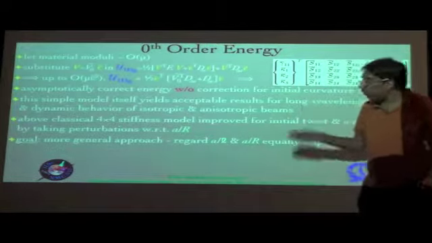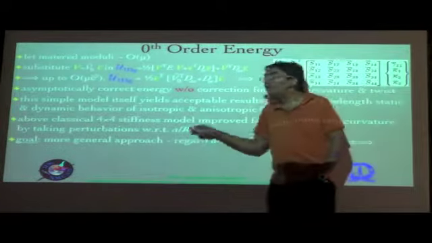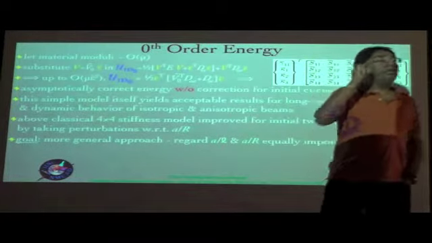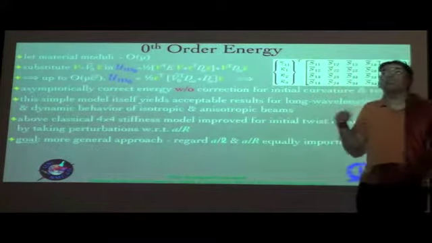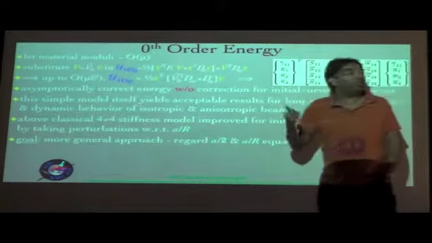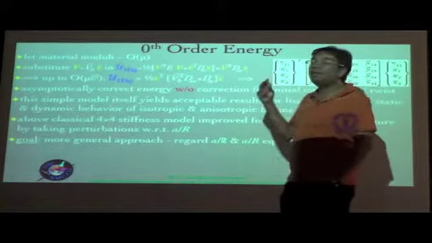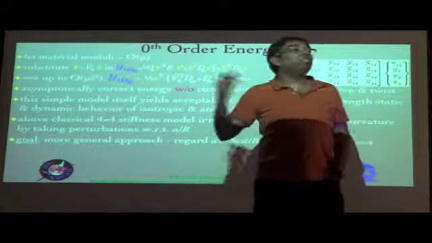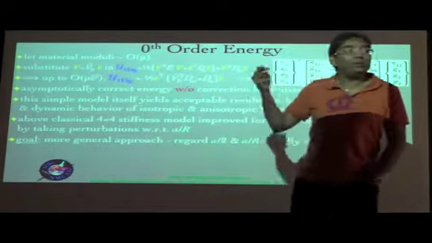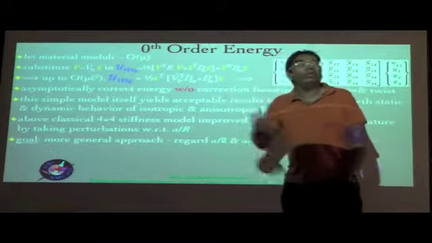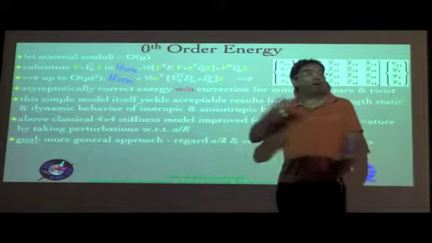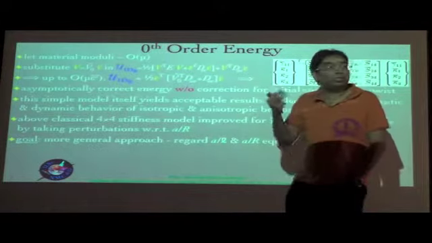The goal is a more general approach. On the other hand, what we will do is not that. We are not seeking only A by R corrections, because our interest is not only in the effect of initial twist and curvature. We also want to capture transverse shear effects, because remember that at the beginning I told you we are developing a generalized Timoshenko model, and in the Timoshenko model the primary contribution is the transverse shear deformation, but of course for an initially curved and twisted beam, the contributions of curvature should be there as well.